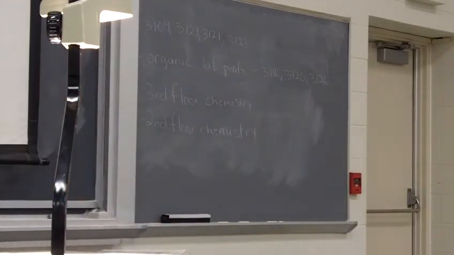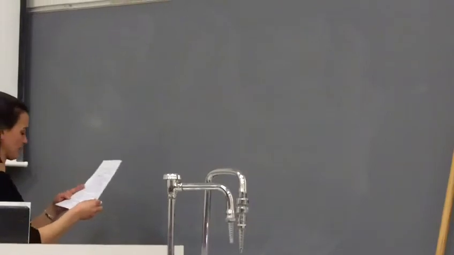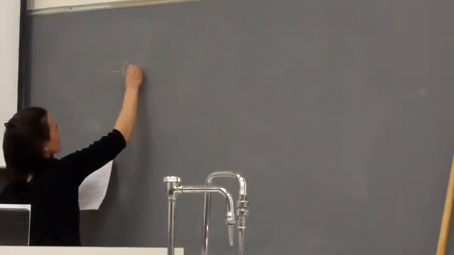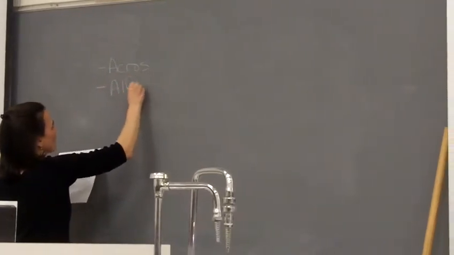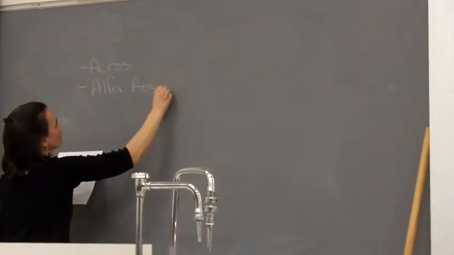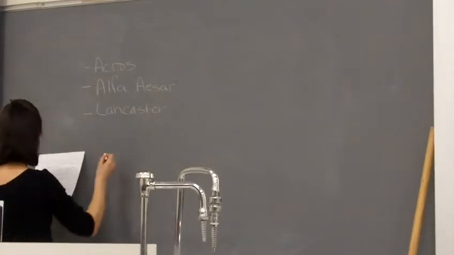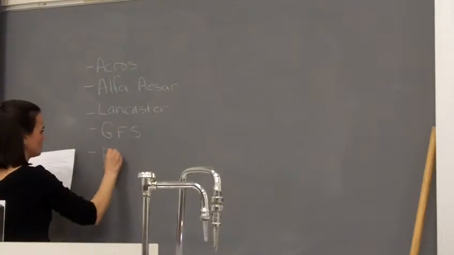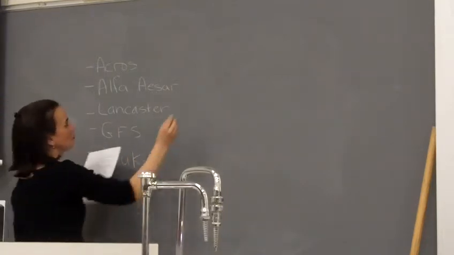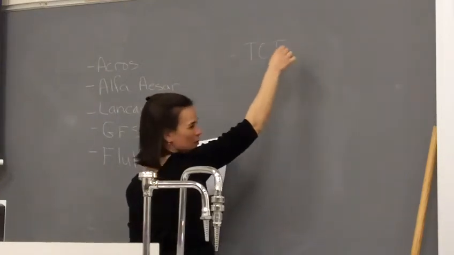Now, besides Aldrich, so Aldrich we want as our primary. We want you to be looking at Aldrich or Sigma Aldrich for your chemicals. But other chemical suppliers you could possibly use: Acros, Alfa Aesar, Lancaster, GFS, Lucas, TCI, and TCI kind of has multiple categories.